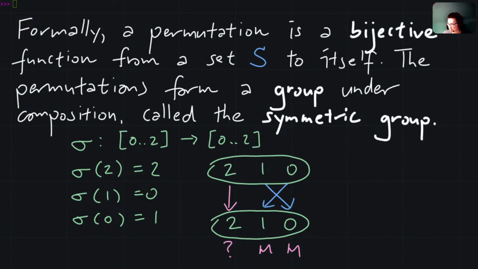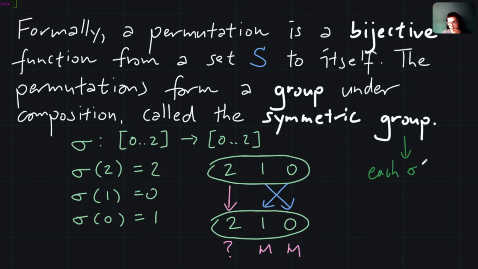And there are therefore nPk ways to arrange a 3-qubit gate on a 5-qubit register. Here is an actual demonstration. So formally a permutation is a bijective function from a set, let's call this S, to itself. The permutations form a group under composition called the symmetric group.